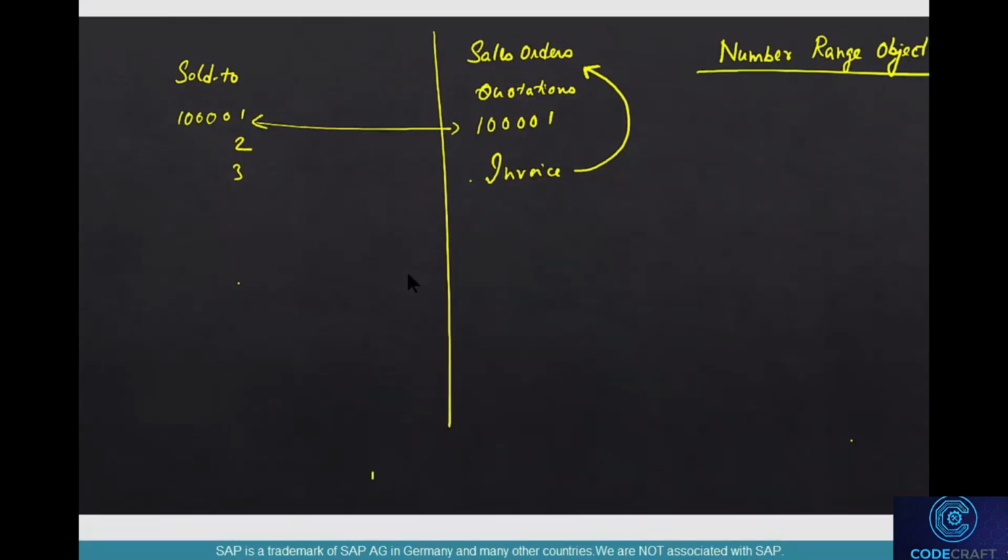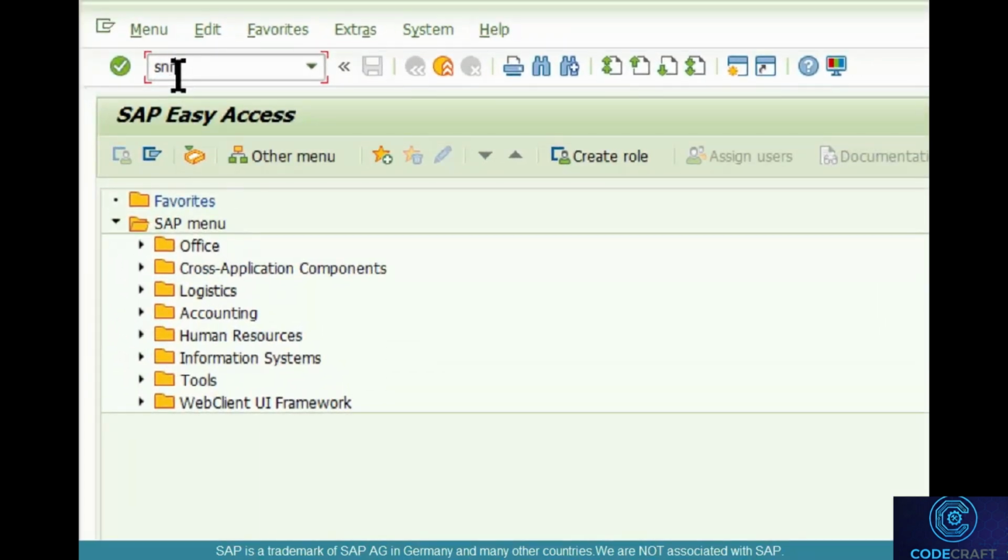What is a number range object? If you go to the transaction SNRO, this is a transaction that spans all number range objects across all modules. SD, PP, FI, you name it.